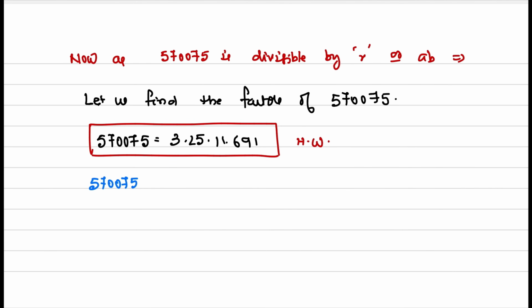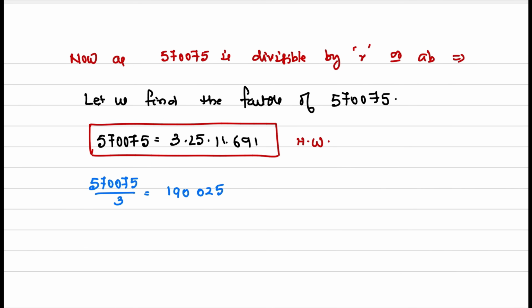570075, it's not divisible by 2 because it's an odd number. Let us see whether it is divisible by 3, because 75 is divisible by 3 and 57 is divisible by 3. We can easily say it is divisible by 3. That is equal to 190025.